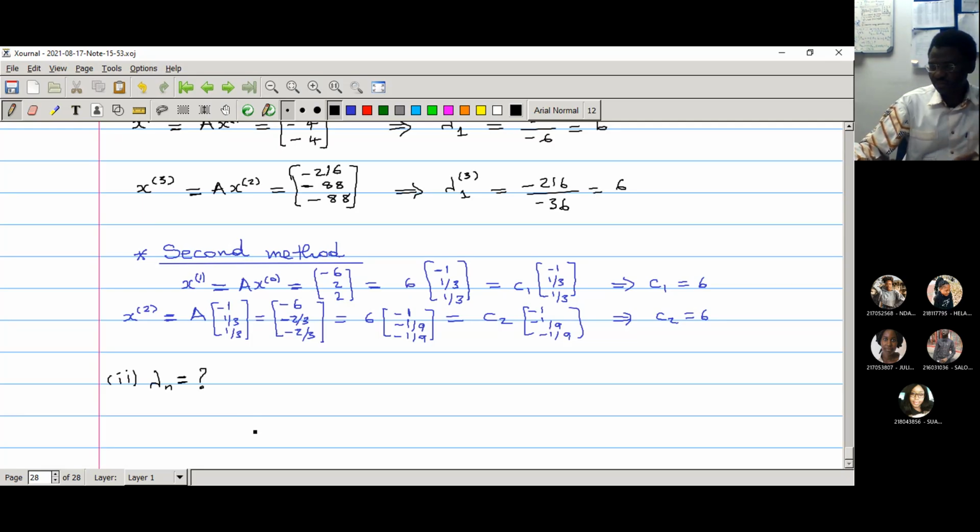So how do we proceed with this one? First method. If we use the first method, obviously, here we are using the first method. With the first method, we'll be solving a linear system each time to get the corresponding x, right?